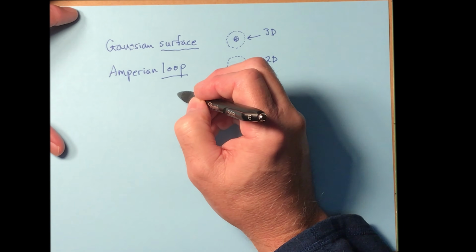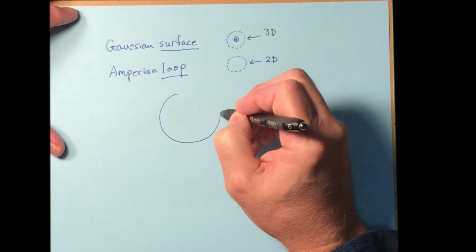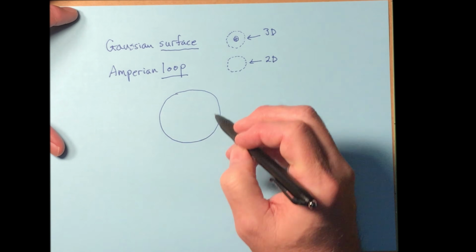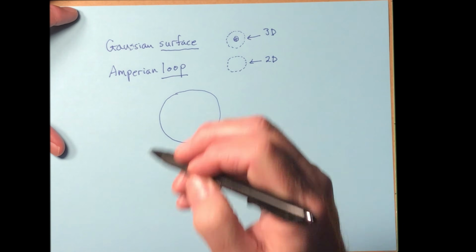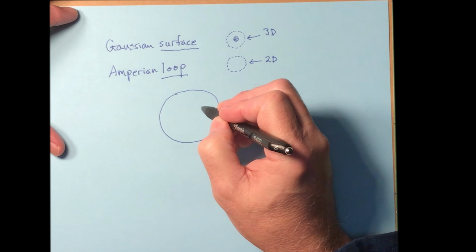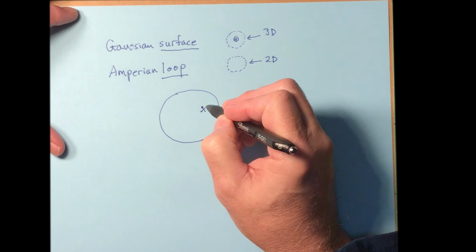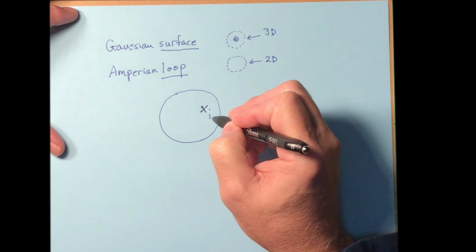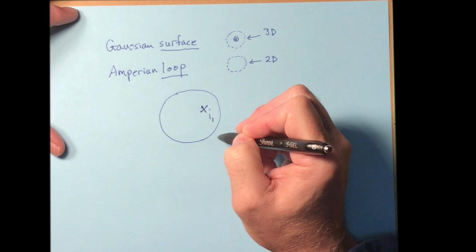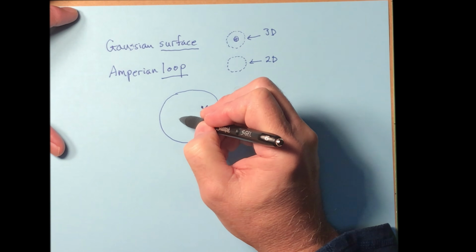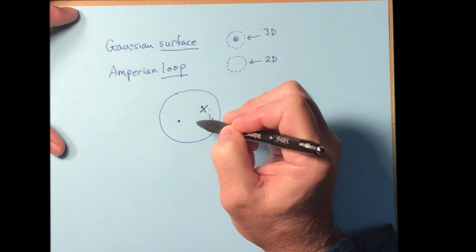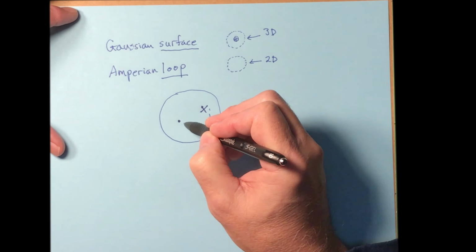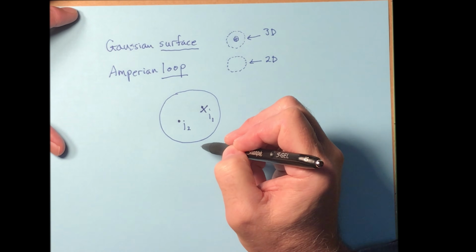Let's say that we have an Amperian loop here, and we have a current that's going in at this point right here. So there's the X that indicates we have a current going in. Let's call that I1. Over here, we have another current that's coming out of the page, and we'll call that I2.